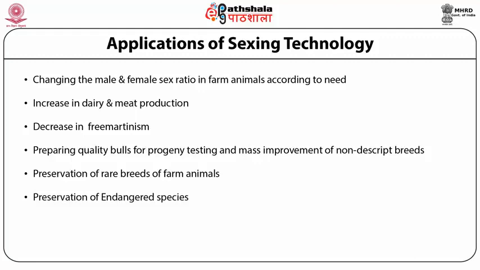The endangered wild species which are feared to become extinct in the near future can be preserved by this method, and the species which have already become extinct from earth, these techniques have the potential to bring those animals back on the earth again. So now scientists are trying to have dinosaurs back. If we are able to get their DNA intact, it may be possible to have these species back on earth.